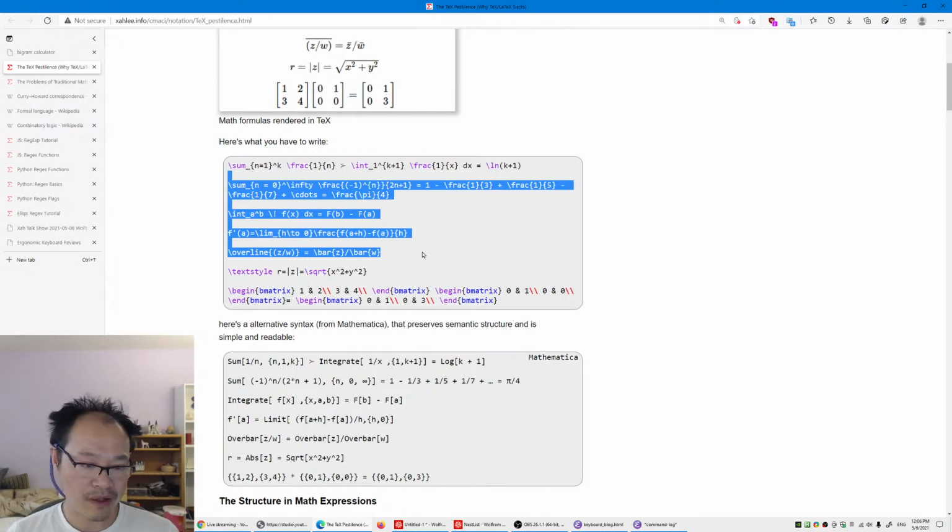So 2 to the third power is 2 times 2 times 2, which is 8. But in TeX, the syntax only allows you to render it. It doesn't allow you to do the actual computation, which is a very bad design.